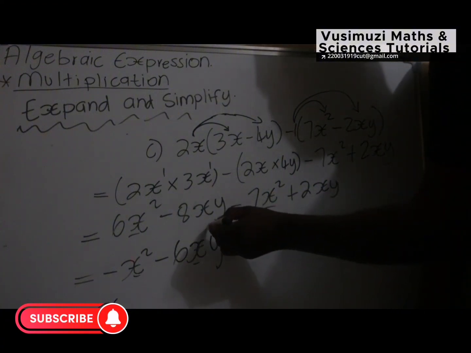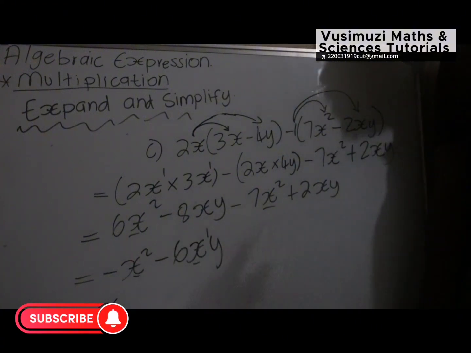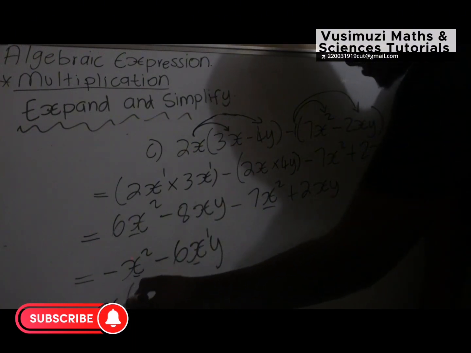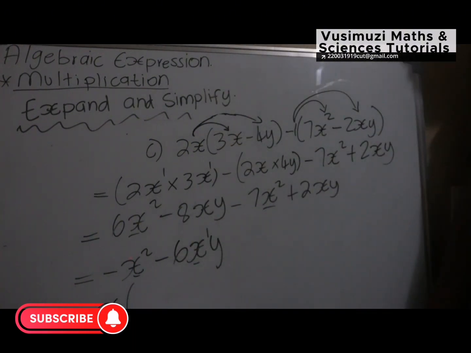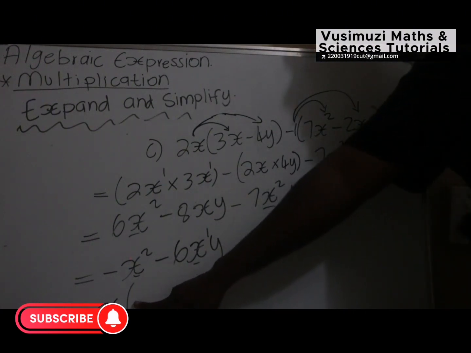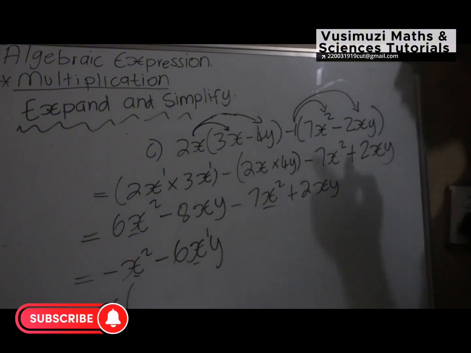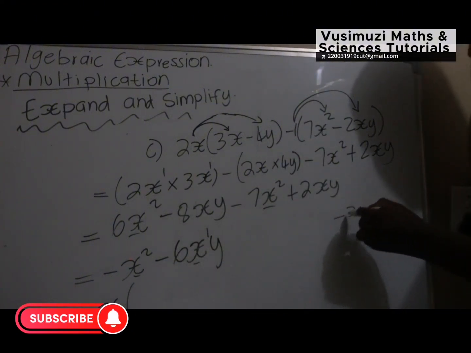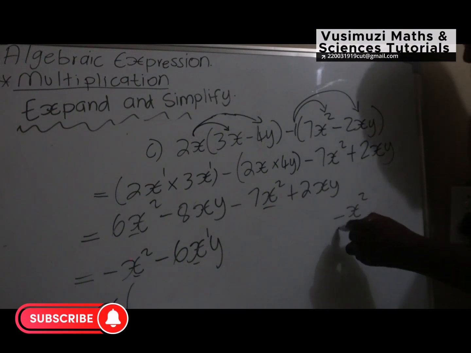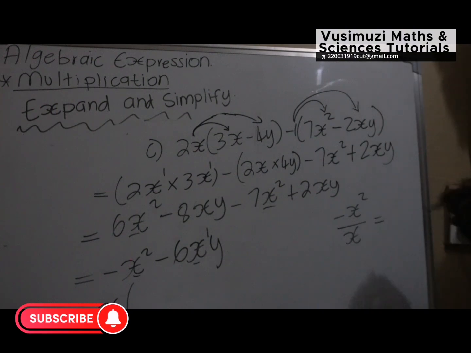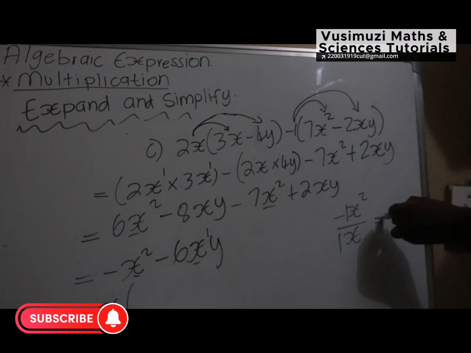Between x to the power 1 and x to the power 2, the lowest is x to the power 1. Therefore, I take out x outside the bracket. That's my common factor. Then I look for the term that sits inside. You take the first term, negative x squared, divided by the common factor x. Negative 1 divided by 1 is negative 1.